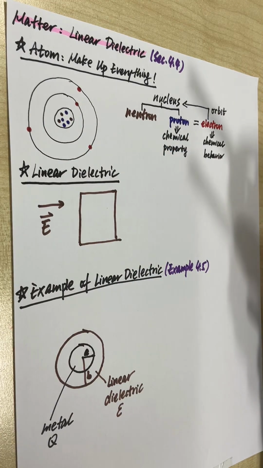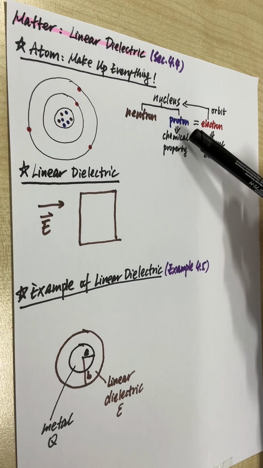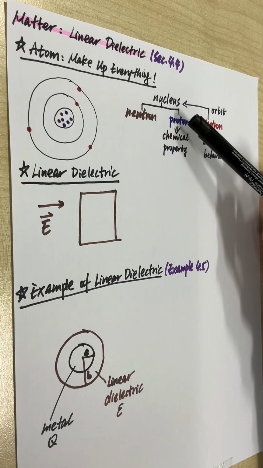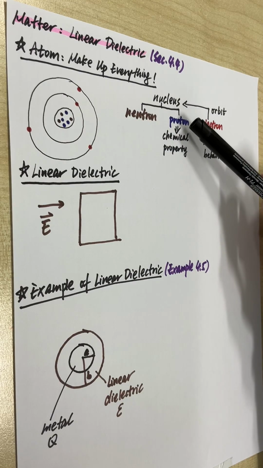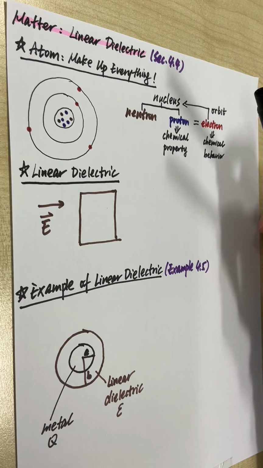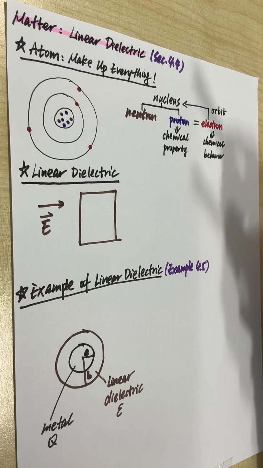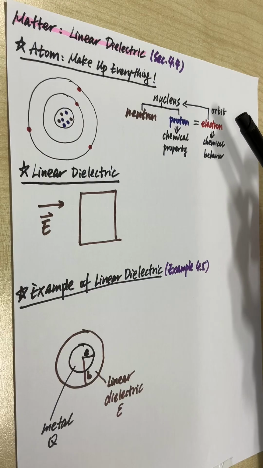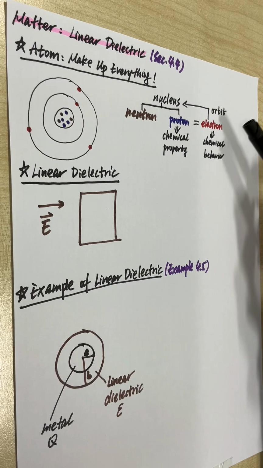The number of protons determines a chemical property. For example, the number of protons will define an element. Different elements have different numbers of protons. And then the number of electrons will determine the chemical behavior.